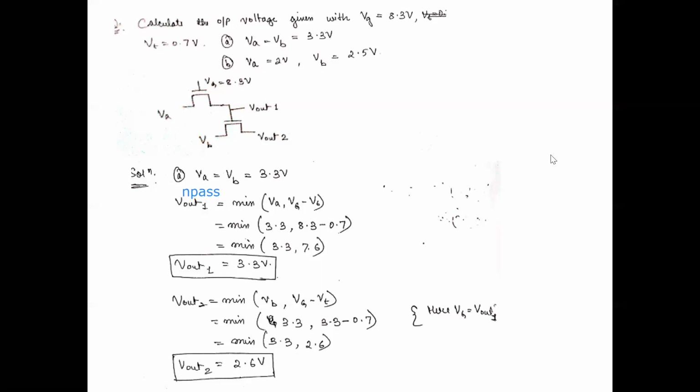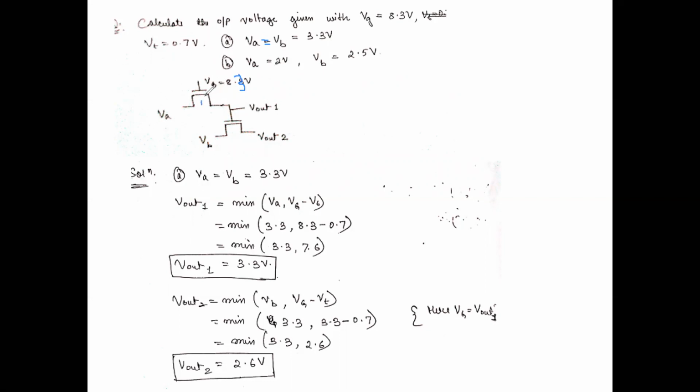Okay, so now this is the circuit given. See what they have given. The first case: VA equals VB, which is equal to 3.3, and Vg is 8.3. Then Vt 0.7 is given. So what is V out?